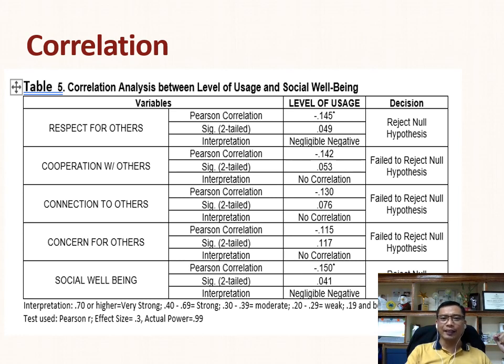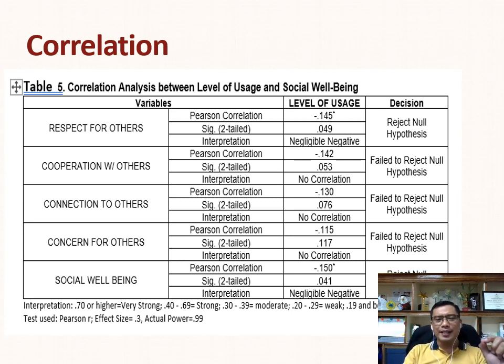Since this is negative, you are saying that there is a negative relationship. A negative relationship would mean that once one variable goes up, the other variable goes down. There is an opposite direction or movement.